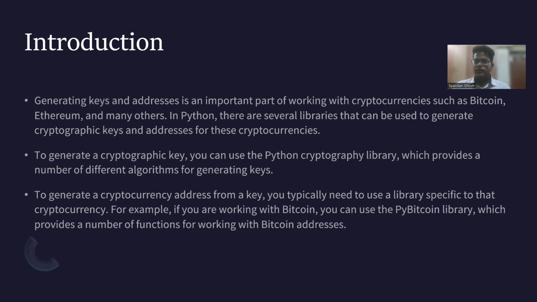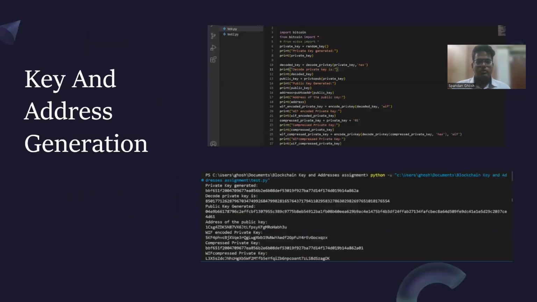One of them, which we're going to extensively use for this presentation, is the PyBitcoins library. Along with that, we are going to talk about a very important algorithm called elliptic curve cryptography, and more specifically about the ECDSA. Now we will talk about key and address generation using the Bitcoin library.